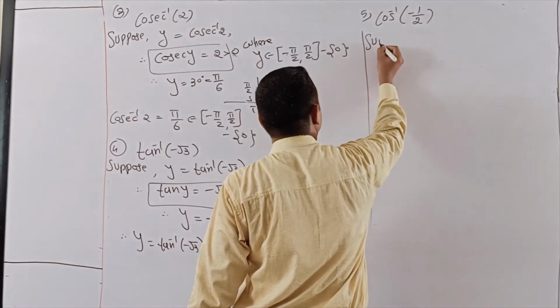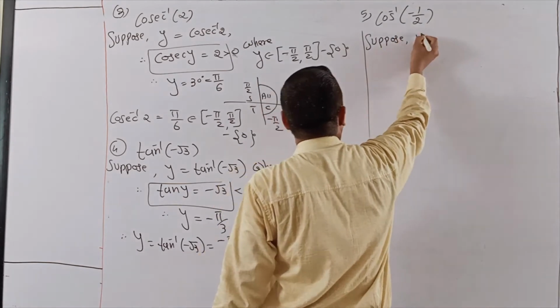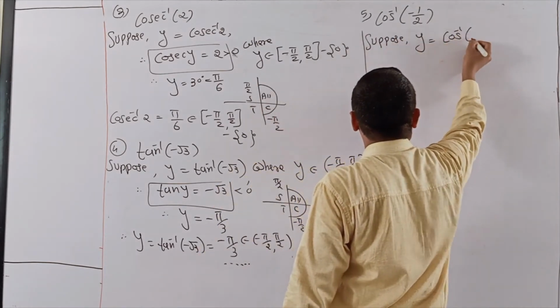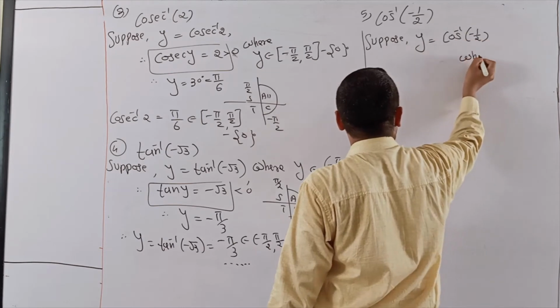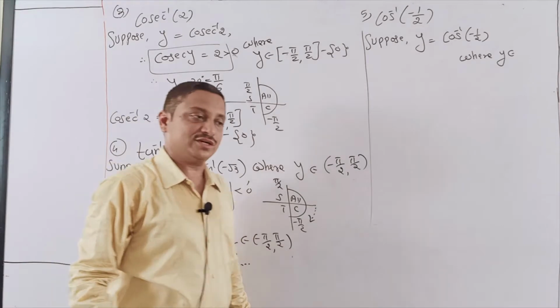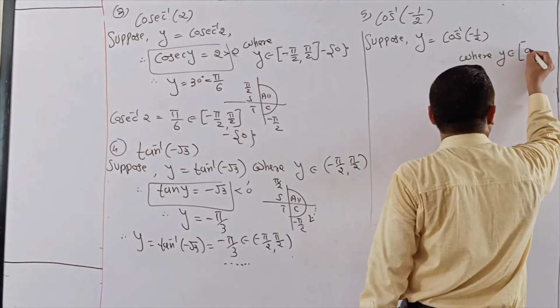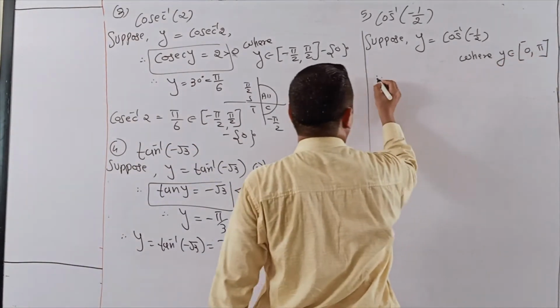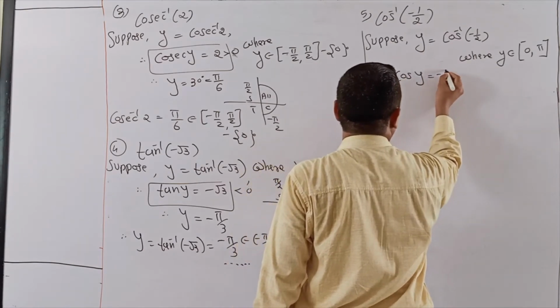Suppose y is equal to your question, where y belongs to the range of cos inverse, which is the closed bracket 0 to pi. So cos y is equal to minus half.